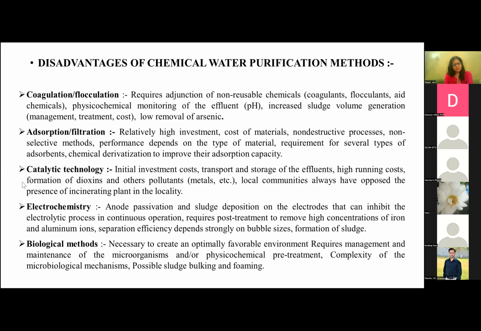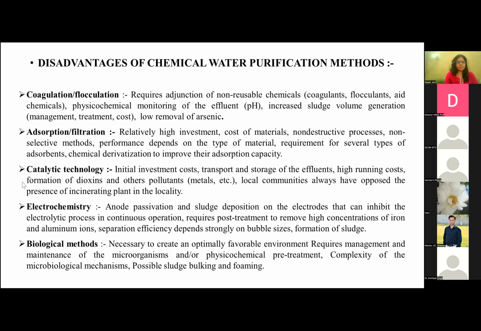So not a very advisable technique. Now if we are using electrochemistry, then anode passivation and sludge deposition on the electrodes can inhibit the electrolytic process in continuous operation. So we have to keep maintaining those electrodes, and the maintenance charge will become very high, which again adds to our cost. And the water we are taking for drinking will also become very expensive, which is not affordable, which cannot be afforded by each and everyone. It also requires post treatment to remove high concentrations of iron and aluminum ions.